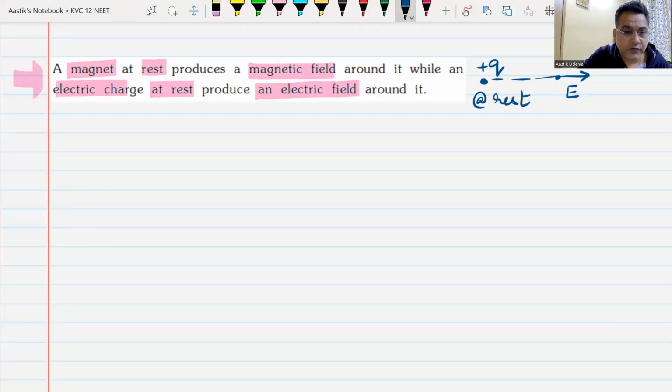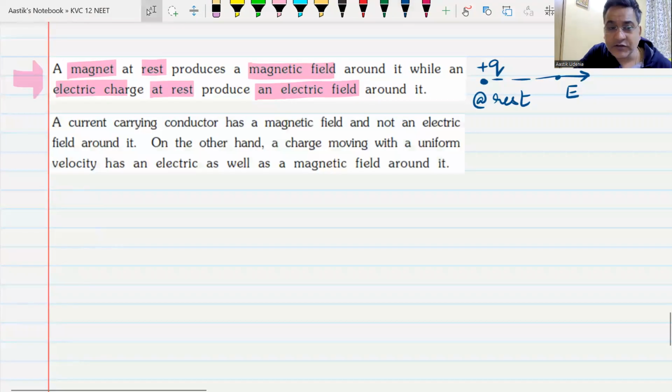Yes, sir. Okay. But when this electric charge starts to move, and we have seen that in the previous chapter, it constitutes a current. Now we have current. Since we have current, listen to me very carefully.